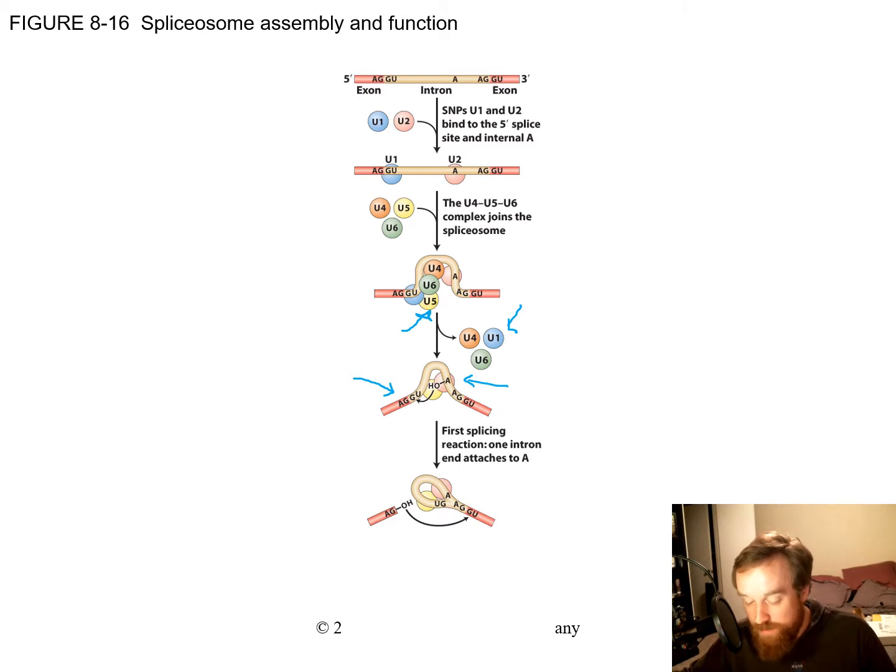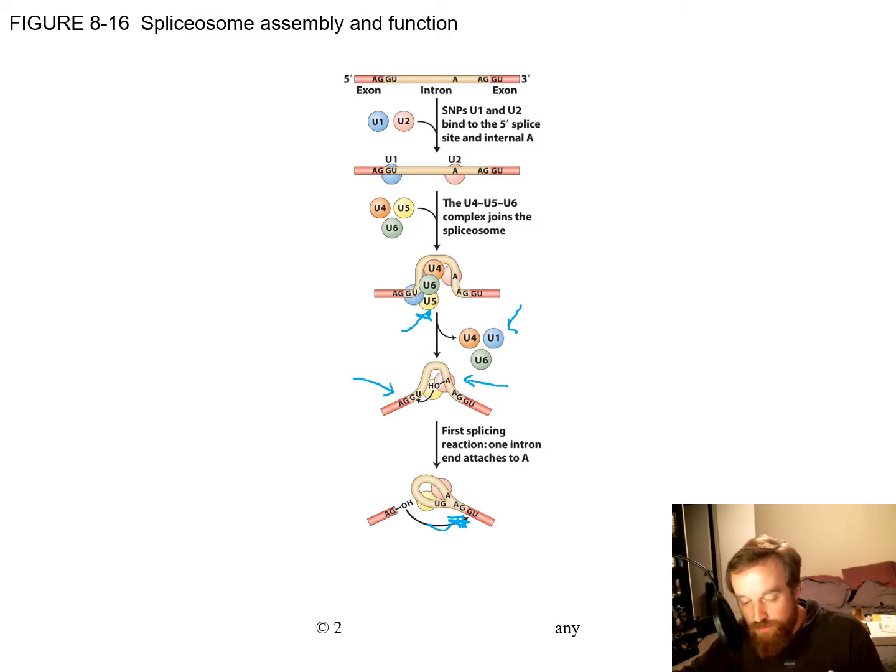And so what happens then is U5 will help to detach the GU from that first AG, and it will bring it back to form this hairpin loop with the final boundary between the intron and the next exon.